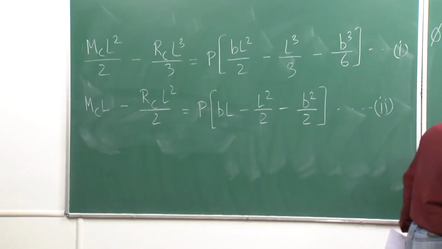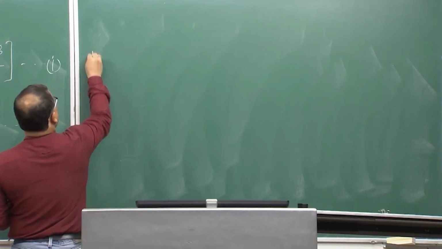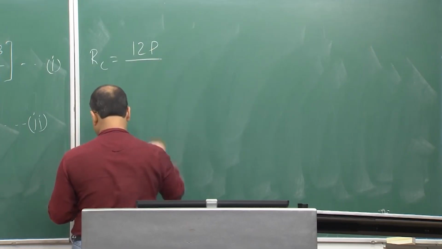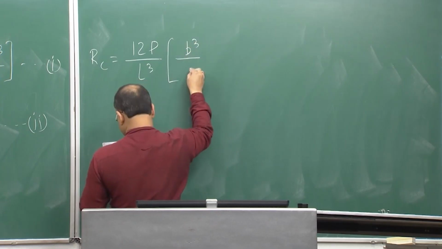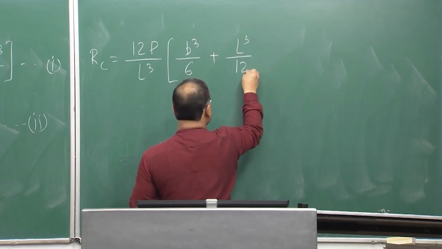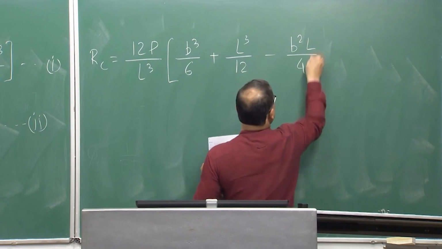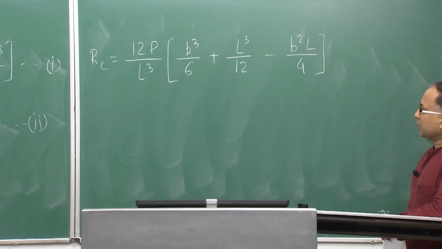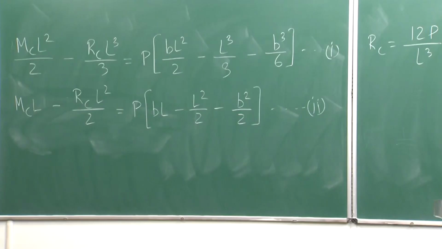Now, if you solve these two equations, you will be getting RC equal to 12 P by L cube into (B cube by 6 plus L cube by 12 minus B square L by 4). RC is given by this.